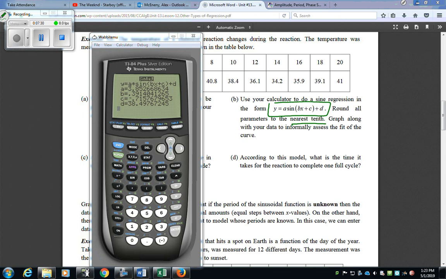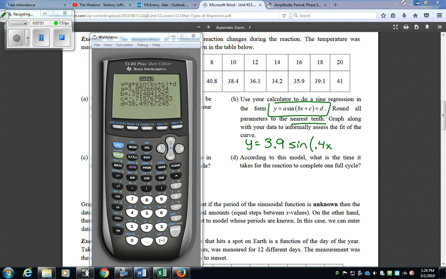So I'm going to put all the values in the correct spots, just like we did for the other models. So they want us to do nearest tenth. So A is going to be 3.9. And then sine. And then B is 0.4.